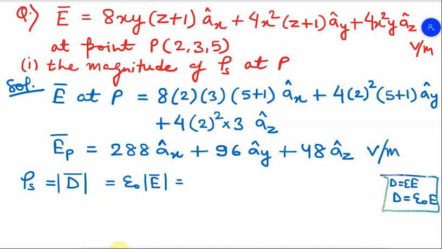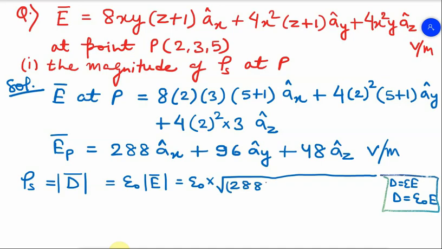So what is the magnitude of E? The magnitude of E would be root of 288 square plus 96 square plus 48 square. That has to be multiplied by epsilon 0.